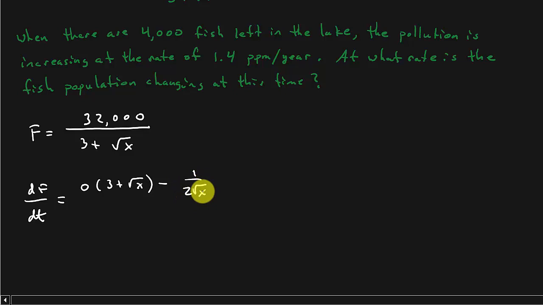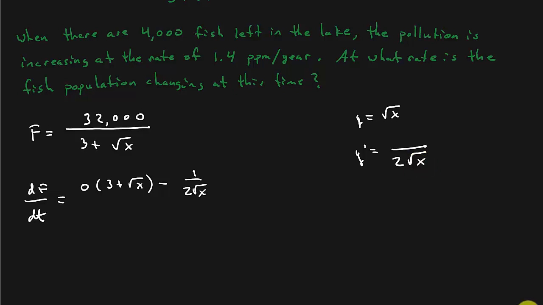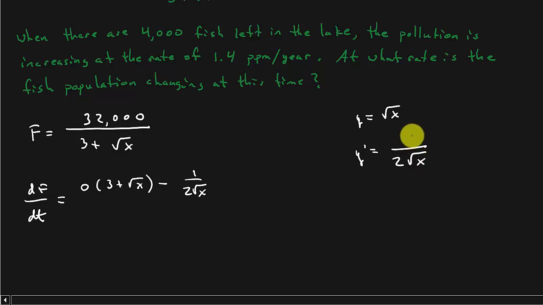Now, if you haven't seen my other videos, I have a shortcut for finding the derivative of a square root. Well, derivative of 3 is 0. Derivative of square root of x: whenever you're taking the derivative of a square root, 2 times whatever that square root is goes in the denominator, and the derivative of what's underneath the square root goes in the numerator. That's where that comes from, times 32,000.